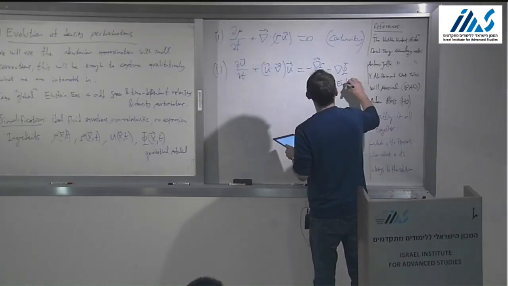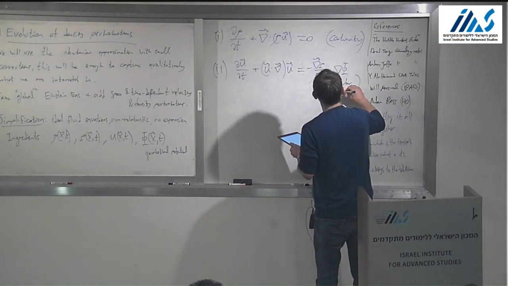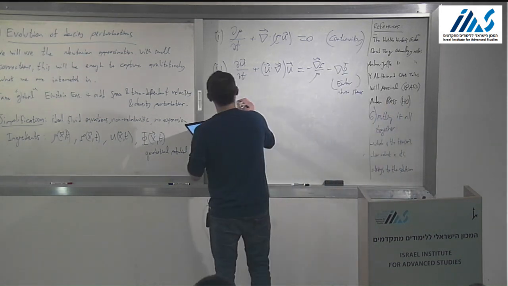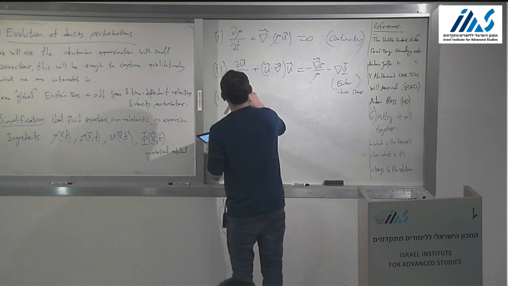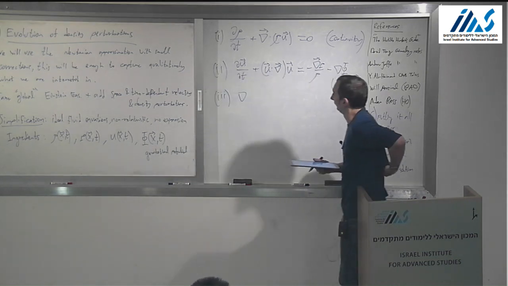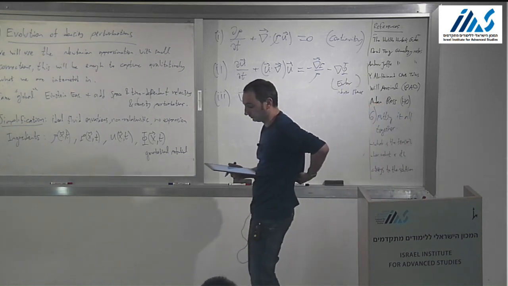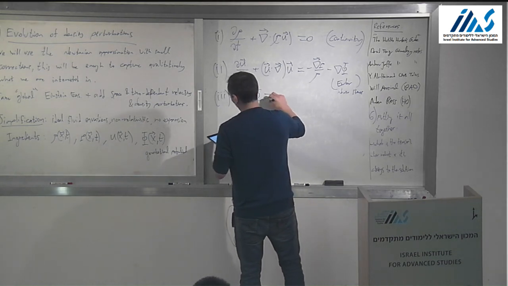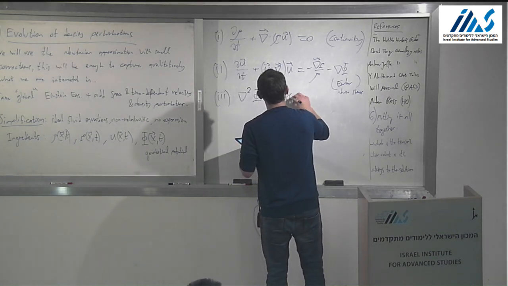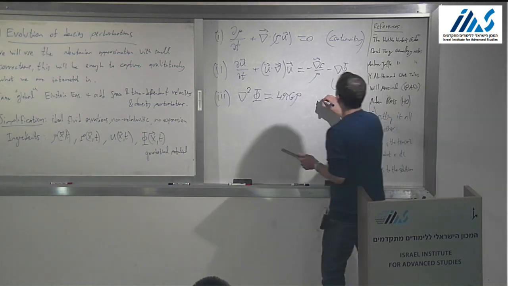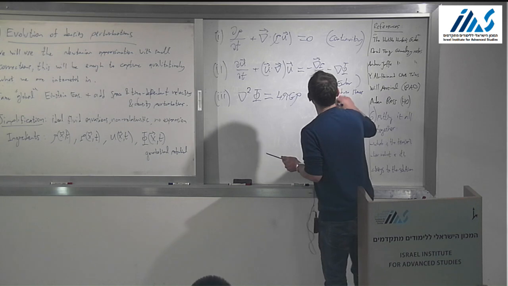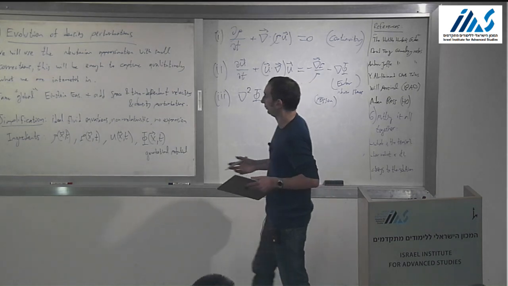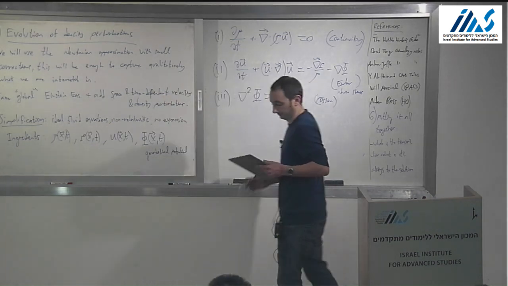And what other equation do we have? Somebody said the right answer. The Poisson equation, right? Because we've added the gravitational potential, we need to relate it to all these other quantities, and that's done through the Poisson equation. And again, we have some kind of equation of state. So that's 4 equations and 4 variables.